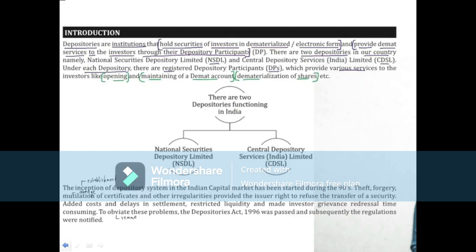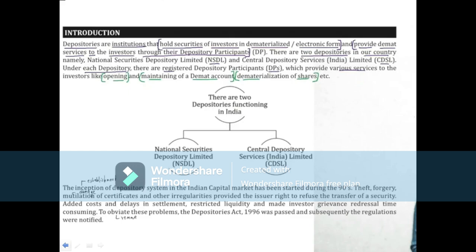In order to wipe out all these problems, the Depositories Act was passed in the year 1996. Before this act there was a physical form of securities, means a paper share certificate received by the investor when he purchased shares from the company.